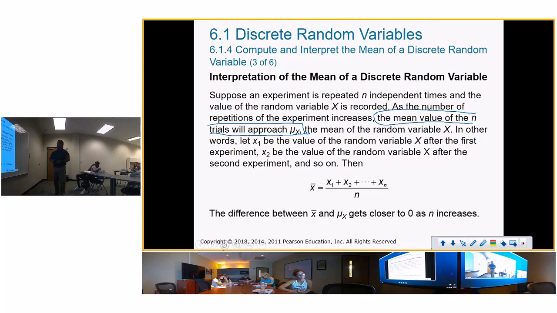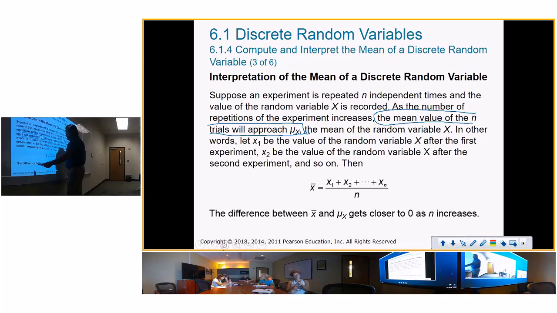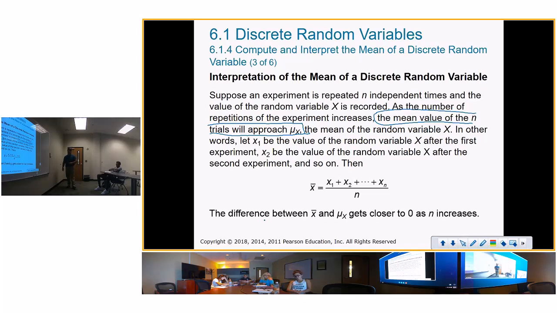The mean of the random variable x. In other words, let x of 1 be the value of random variable x after the first experiment, x of 2 the value of the second, and so on. The difference between them, difference meaning the distance between the two, gets closer and closer to equal as n increases. Write that down.